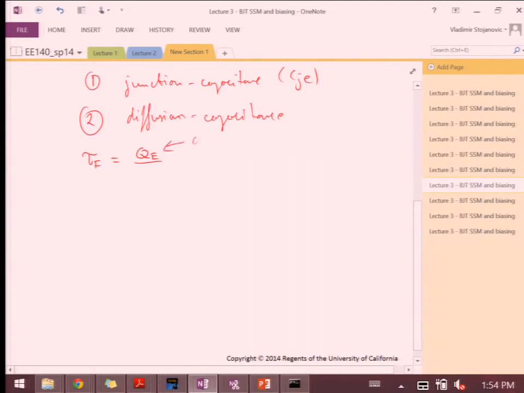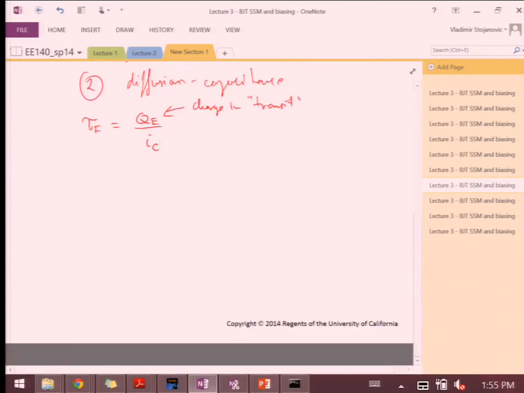So this is charge in transit. And then I divide that by the total current that I see in the collector. Current is charge per unit of time, right? So this exactly gives me sort of the speed of transit, how fast electrons are flowing through that part.